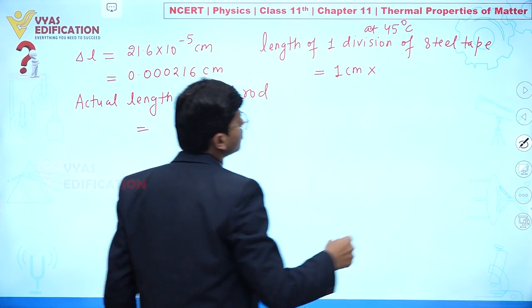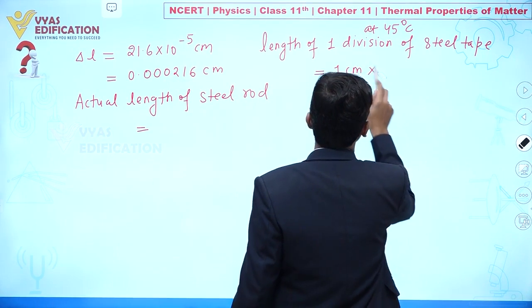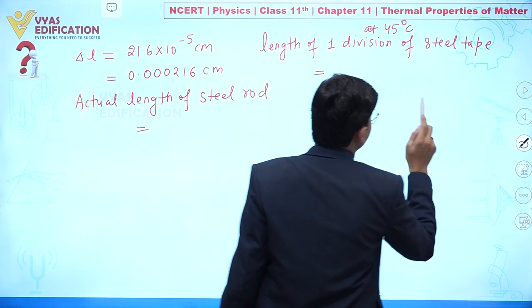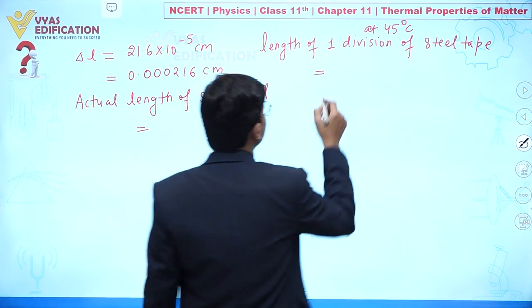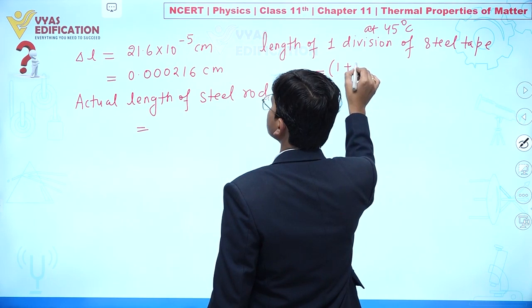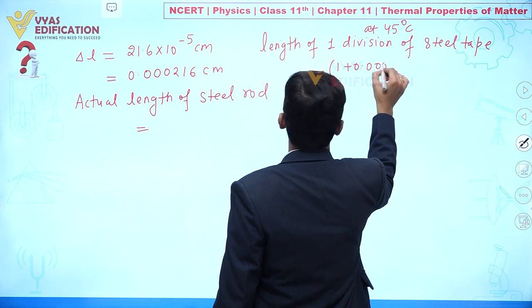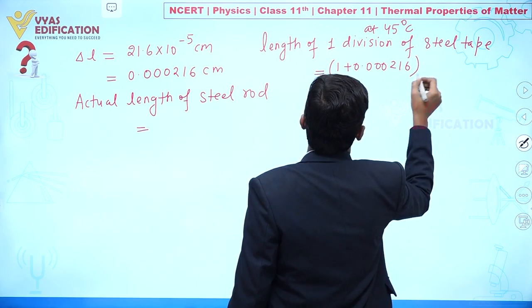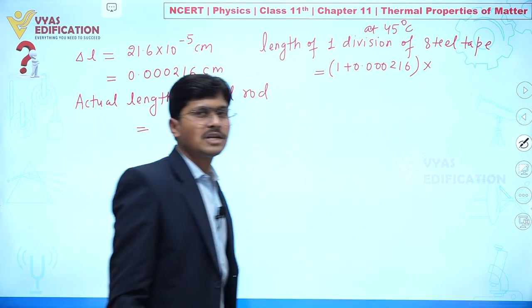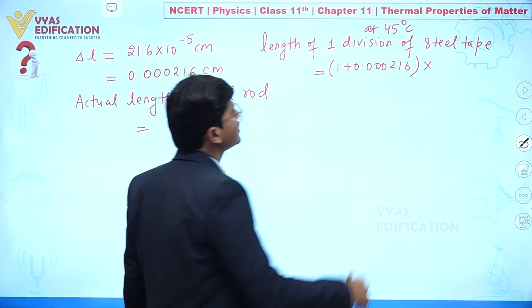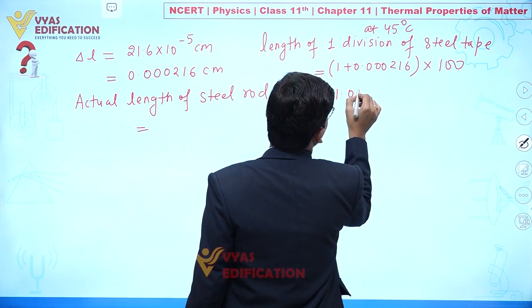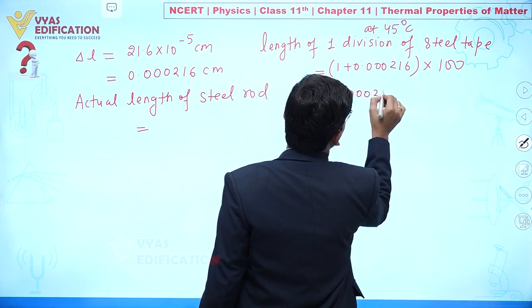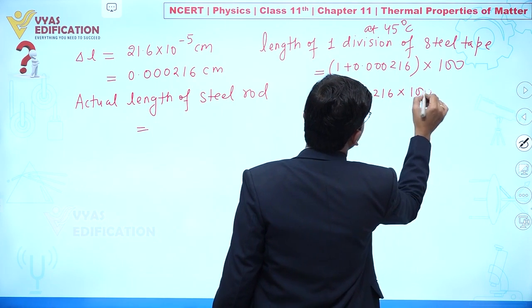Yes or no? So if I write actual value of one division at 45 degrees Celsius, it should be 1 plus 0.000216. Clear? And multiplied with the total number of divisions on steel tape, we have 100. So this is equal to 1.000216 multiplied with 100 centimeter.